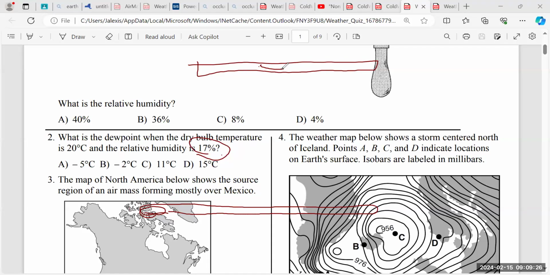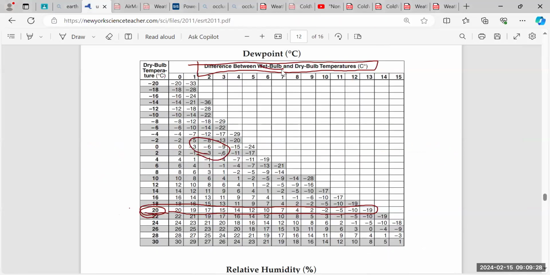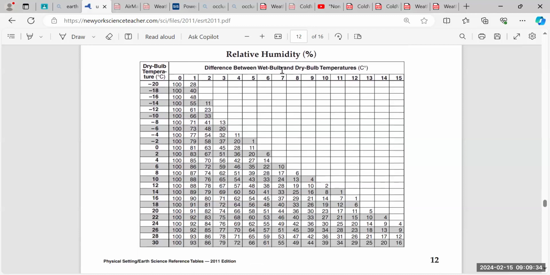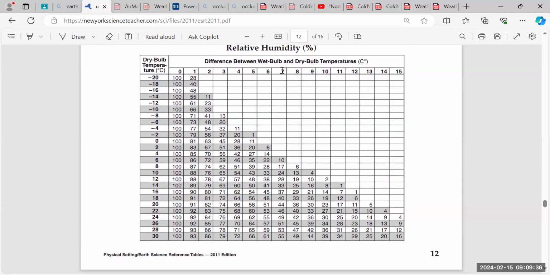When I look at the problem, they're also giving me that the relative humidity is 17%. So I'm going to have to use my relative humidity chart to find the difference between the wet and dry bulb. My dry bulb in the problem was 20 and my relative humidity was 17%, so I'm going to follow here until I find 17%.